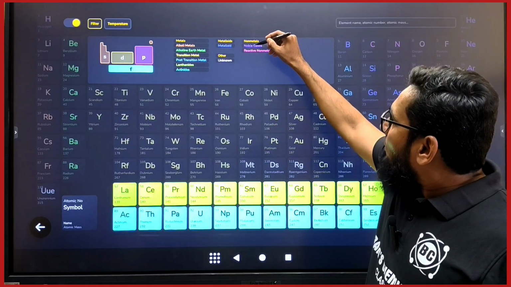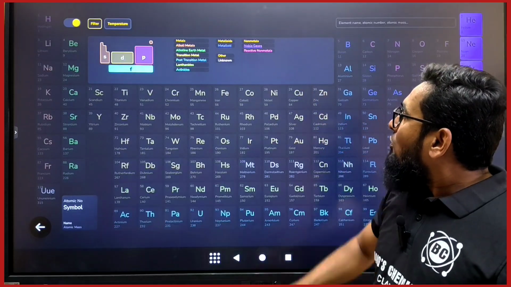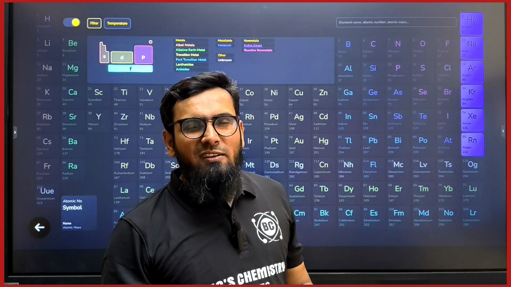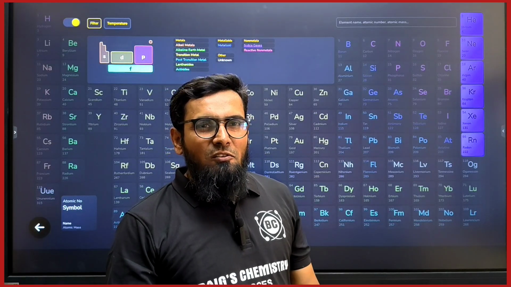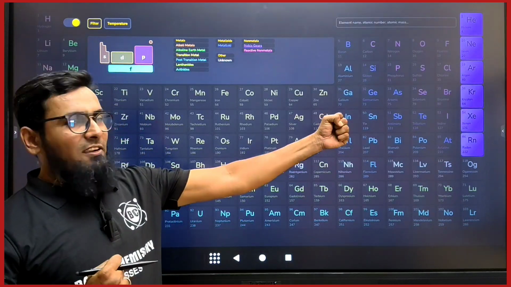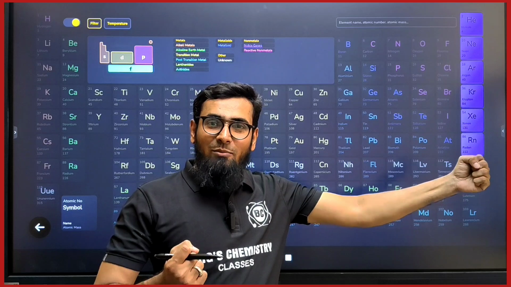Then, what is situated at the right-hand side of the periodic table? Noble gases, students. Noble gases are like ideal elements, meaning those elements that the other elements look at and want to become like. Noble gases are stable elements.